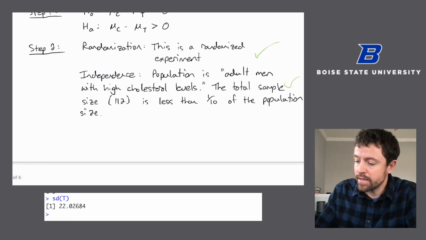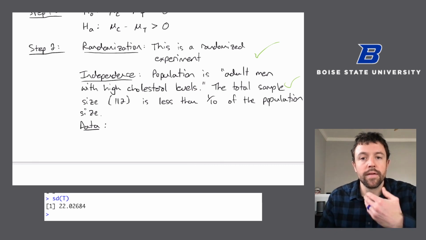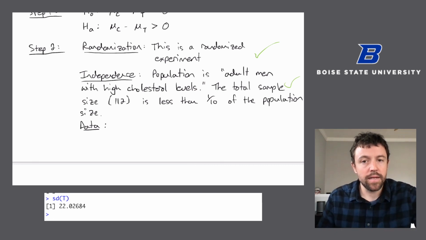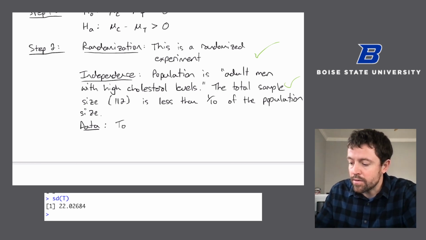And then finally, we need our condition on data. So remember, when we're dealing with these two sample procedures, it's just like the unequal variances situation. Our condition on data is the same as for a one sample t-test, but the way that we evaluate it is based on the total sample size. So our total sample size is large.